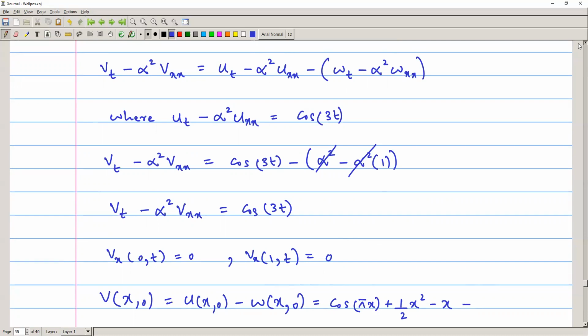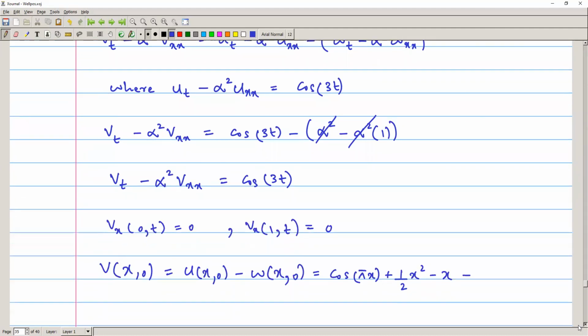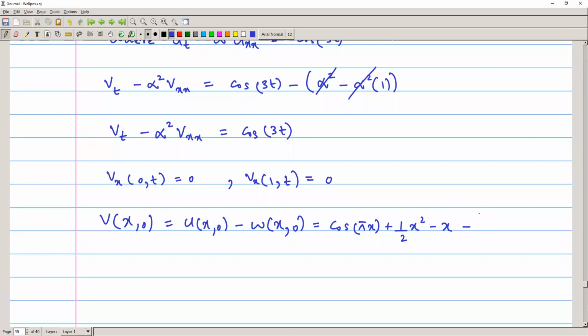We can see here that w(x, 0) will be equal to x squared over 2, because this term will be 0 when we put t equal to 0. So this term will cancel with this, and then we will be left with cosine pi x minus x.